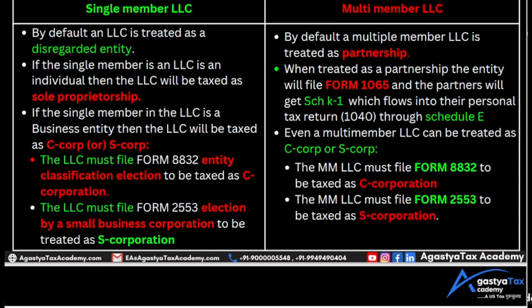Entity classification election to be taxed as C corporation. Next point.